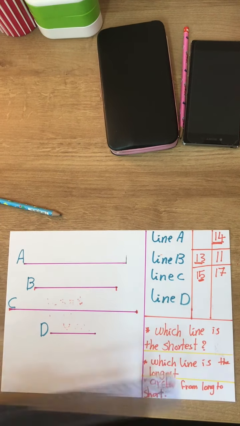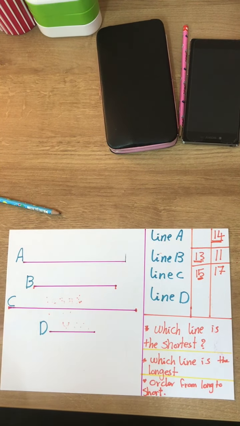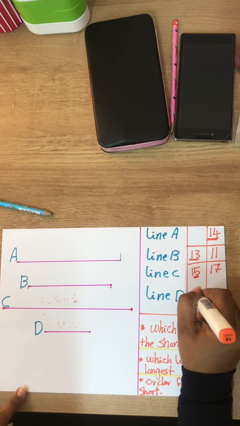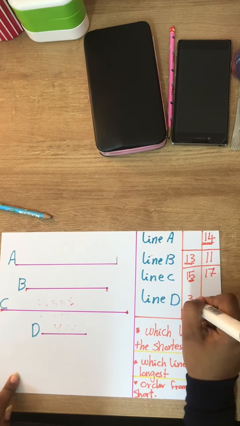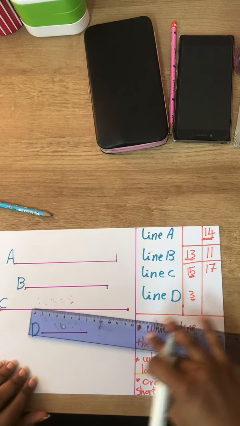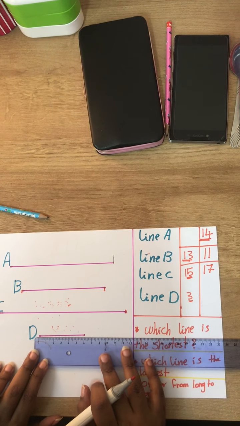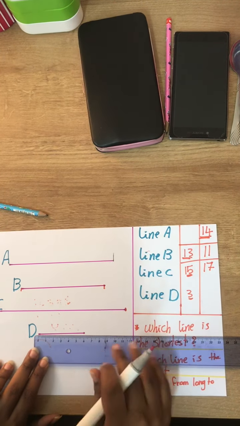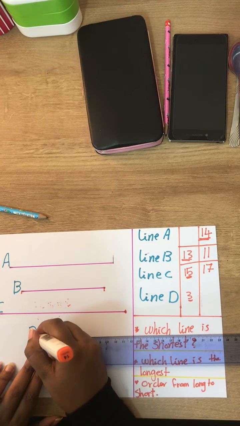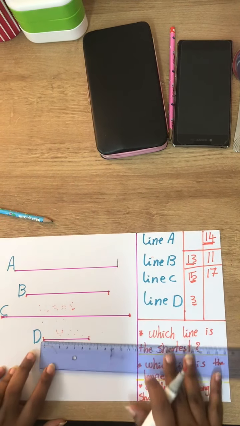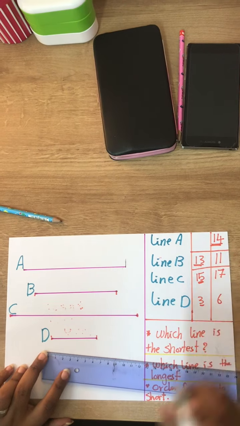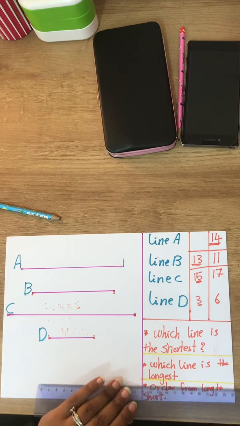The last line is line D. Line D, I would say it's only 3. So let's see if it's 3 or more or less. I will put the ruler from the first point 0 to the last point, and it is 6. That means I even estimated wrong.